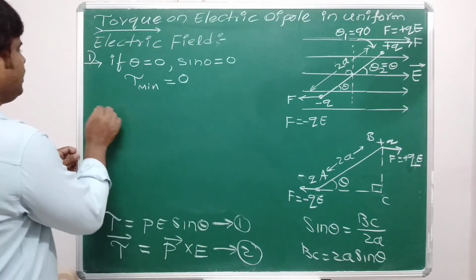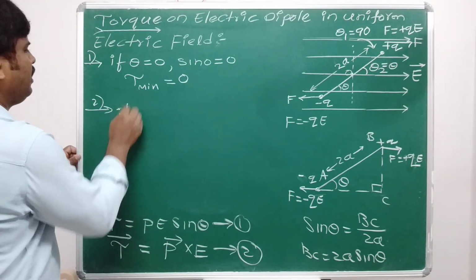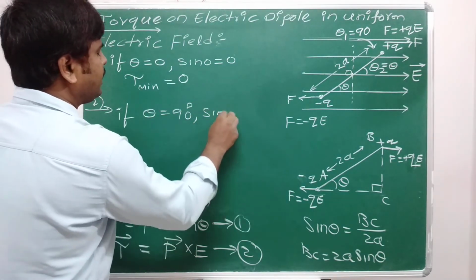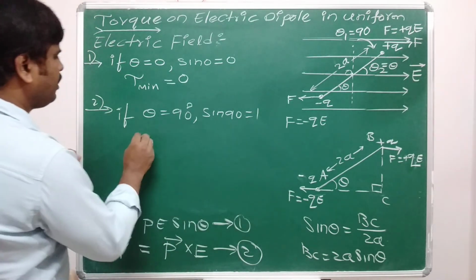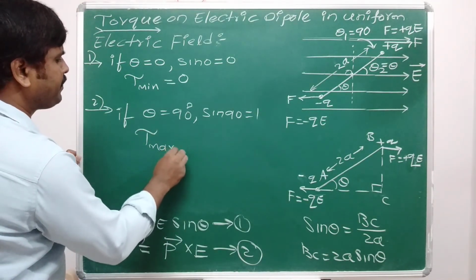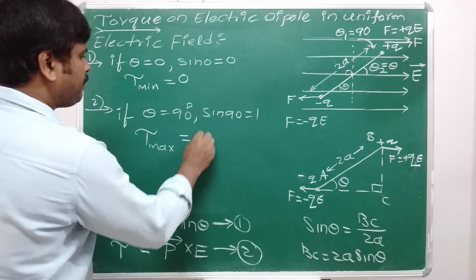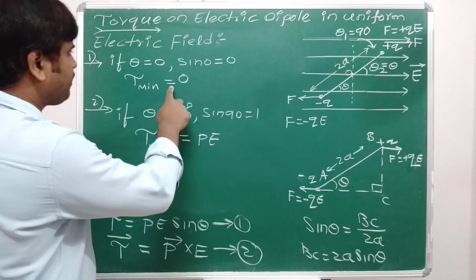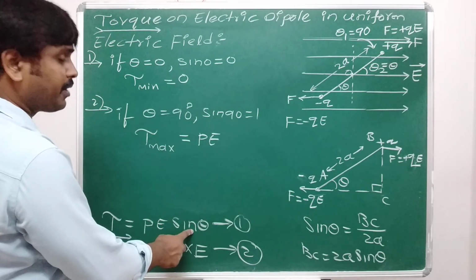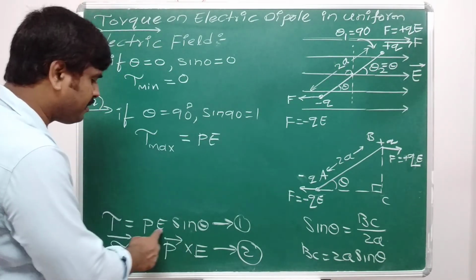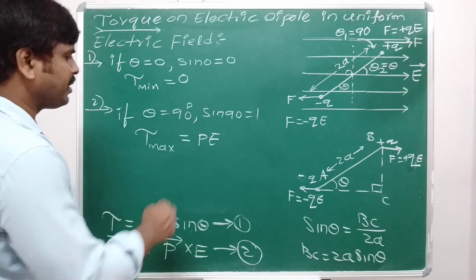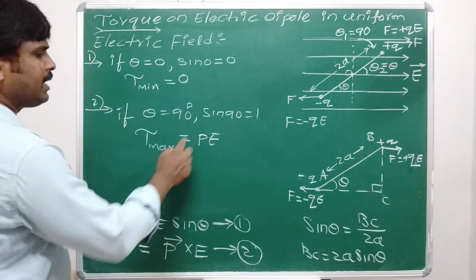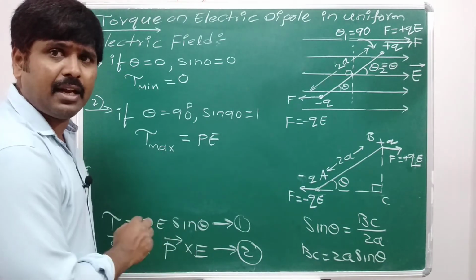Second, if theta is equal to 90 degrees, sine 90 is equal to 1, so tau is maximum, equal to P into E. Sine 0 is 0, and 0 into anything is 0. Here 1 into PE is PE. P is the electric dipole moment and E is the electric field.